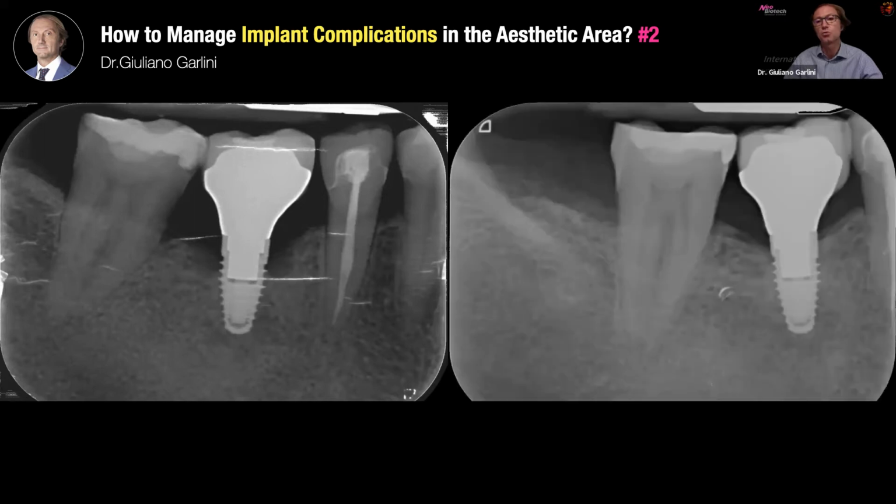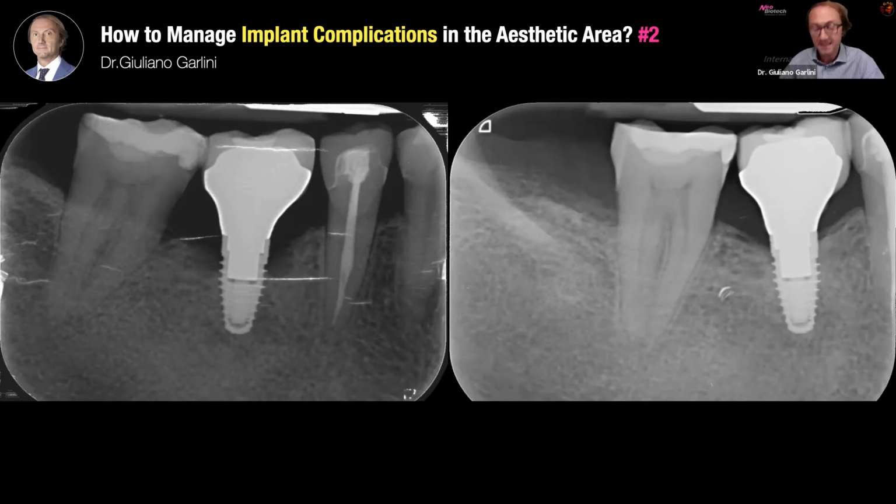After 1 year, you can see that we have solved the problem of the patient. We had a spontaneous healing of the bone surrounding the implant, which is quite similar to what can happen to the natural teeth when we perform the correct periodontal therapy, the correct periodontal approach in our patient.